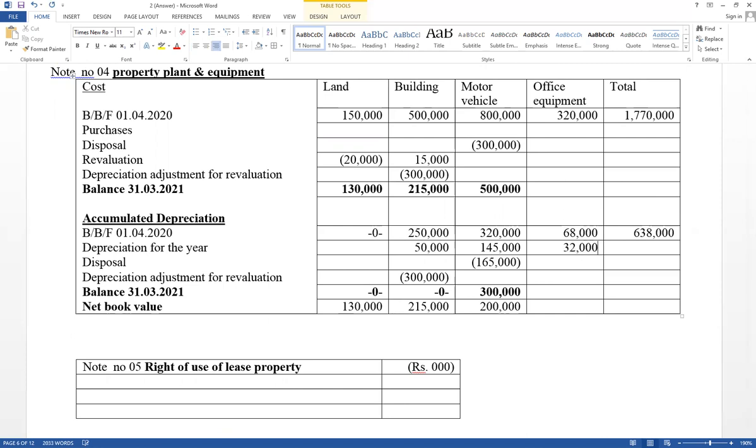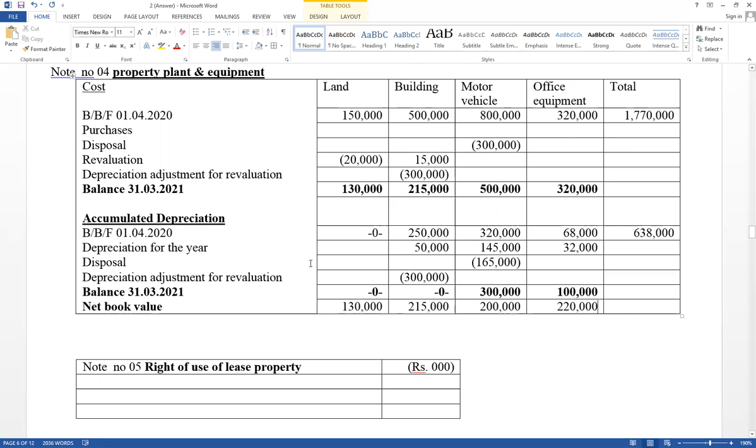Office equipment depreciation should be included under administration expense also. Therefore, office equipment cost value equals 320,000, and accumulated depreciation total amount equals 100,000. Then cost minus accumulated depreciation equals 220,000 under property, plant and equipment.